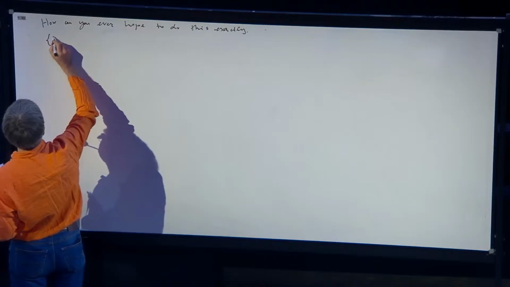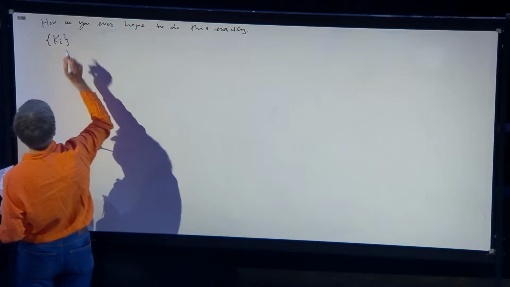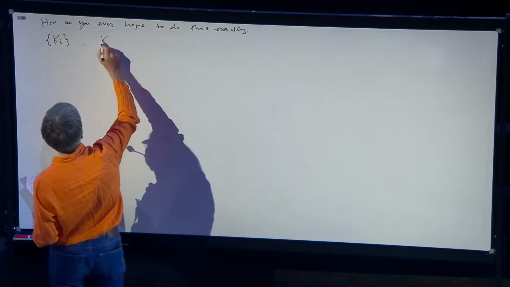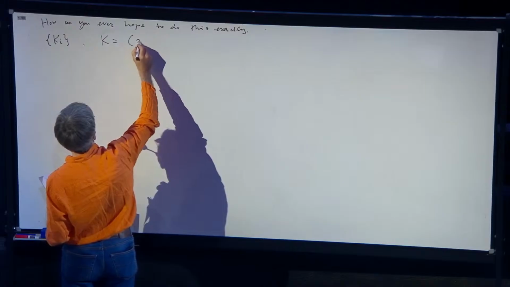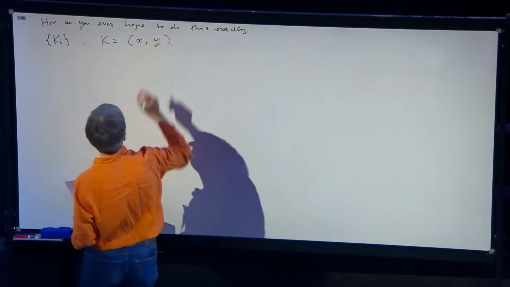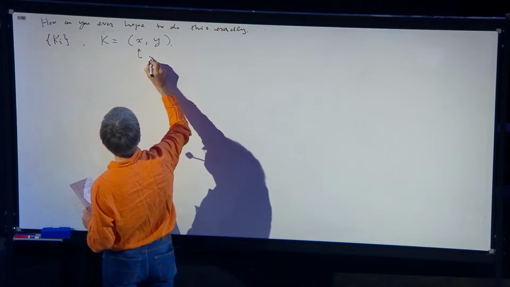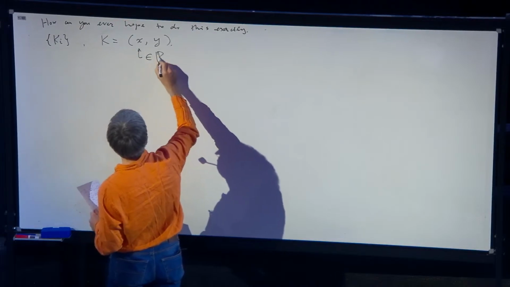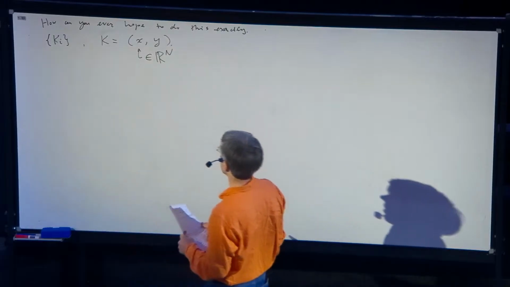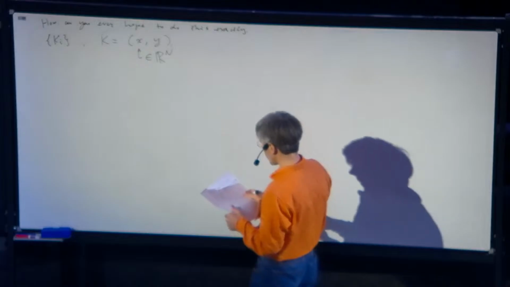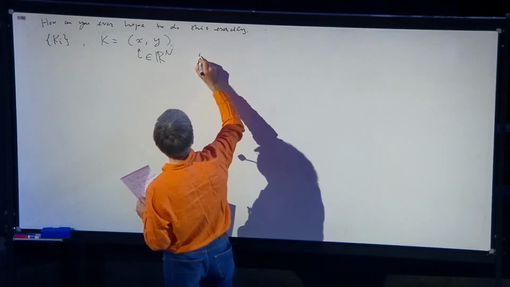There is this infinite list of couplings k_i, and let me split this list k into two sets, x and y. x is going to be a finite set of couplings, so it's going to live in some R^n, and I'm going to take n to be large but finite.